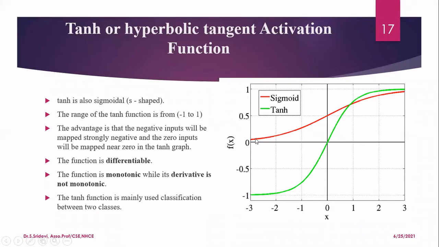In the sigmoid function, we don't have any negative value; we have 0 to +1 only. The advantage is that negative inputs will be mapped strongly negative and 0 input will be mapped near 0. Whereas in the sigmoid function, even 0 as well as negative inputs will be mapped to 0 only. But here, negative values will be mapped to -1 and 0 will be mapped close to 0. That is the only advantage of the tanh function.